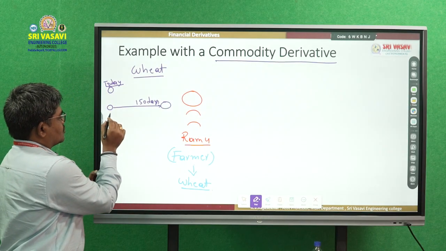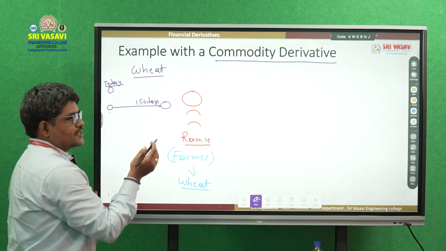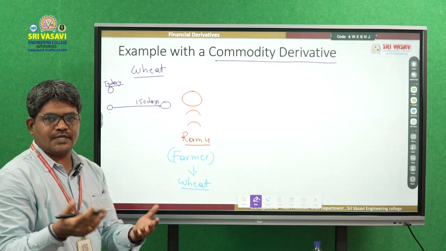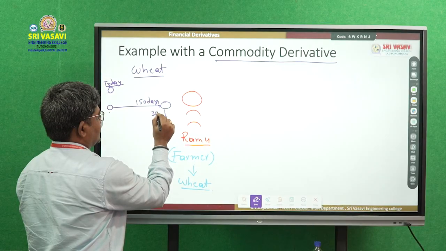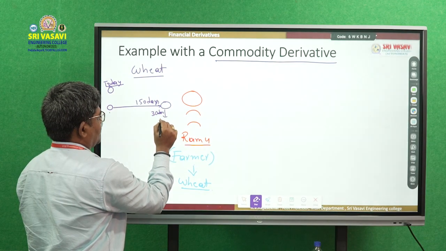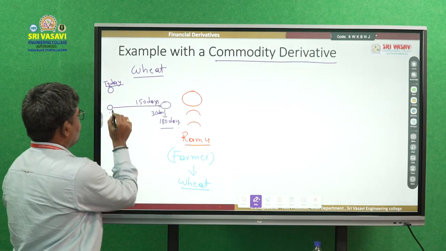Means if you start the cultivation today, it takes 150 days to receive the wheat. It may take another 20 to 30 days to sell his wheat. I assume that it takes another 30 days to sell the wheat. Means what is the total number of days? 180 days.